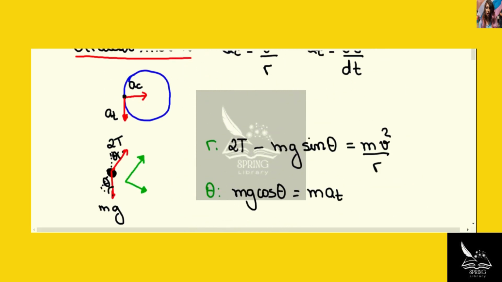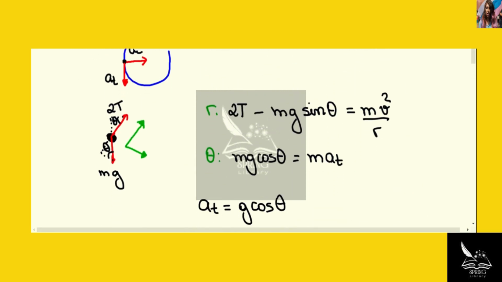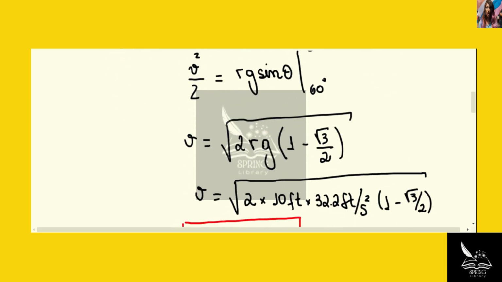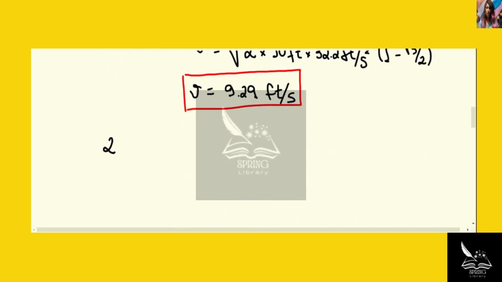So I'm going to use the equation for the r coordinate here. I'm just going to copy it down here. So we have 2t minus mg sine theta is mv squared over r.